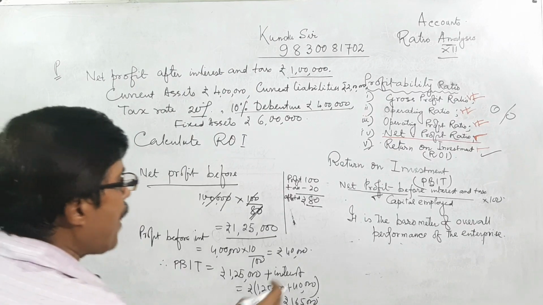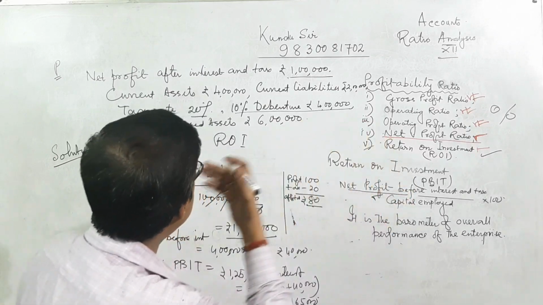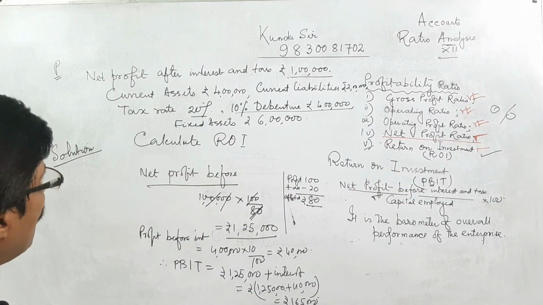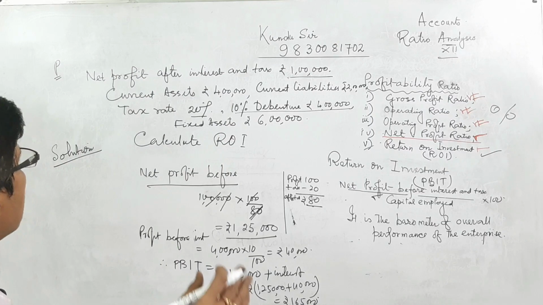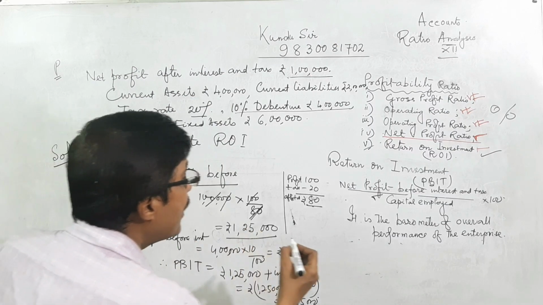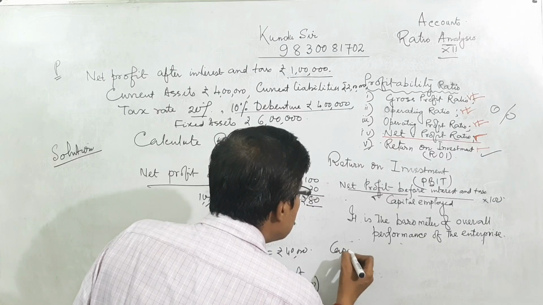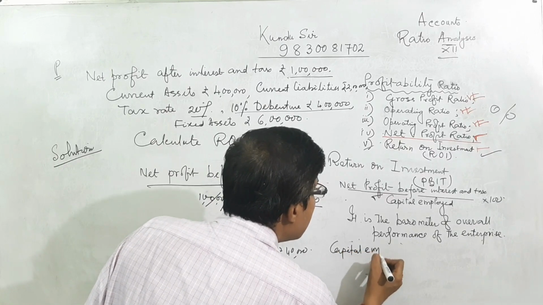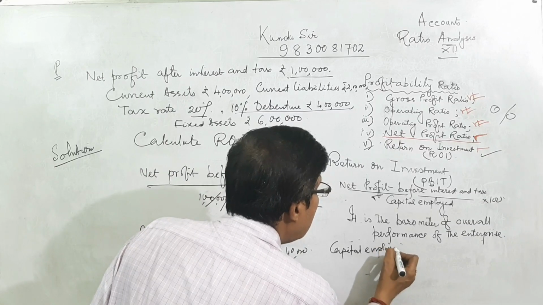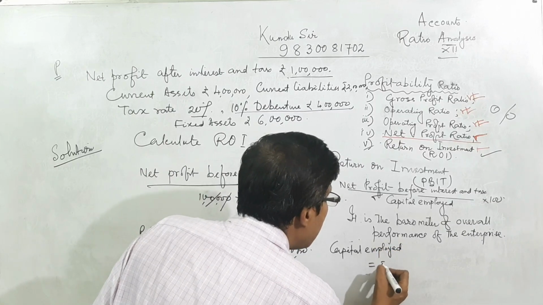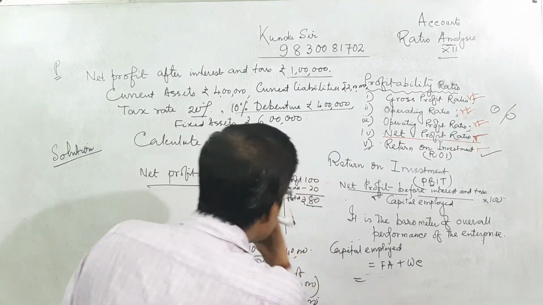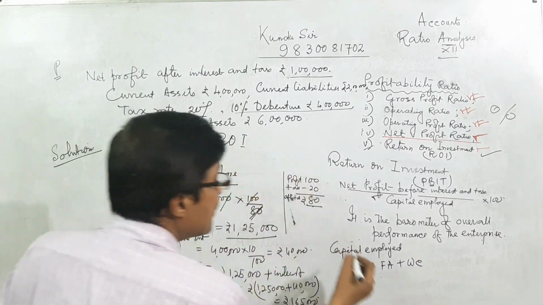Now we need capital employed, which I have explained. Capital employed equals fixed assets plus working capital. What is capital employed here? Fixed assets are 6 lakh.